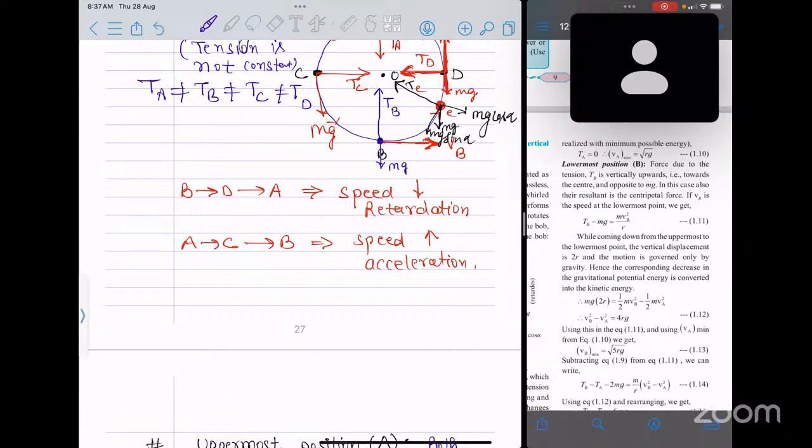So tension at point B and mg are working on the object at point B, and they are in opposite sense of each other. TB is in upward direction, mg is in downward direction. Okay, yes or no?